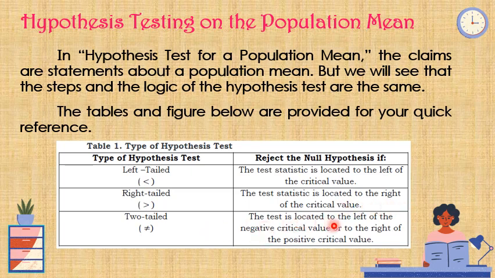Two-tailed, the test statistic is located to the left of the negative critical value or to the right of the positive critical value. Because sa two-tailed natin, meron tayong dalawang rejection regions, isa sa gawing kaliwa at isa sa gawing kanan. Yung dalawang tails natin ay merong rejection region.